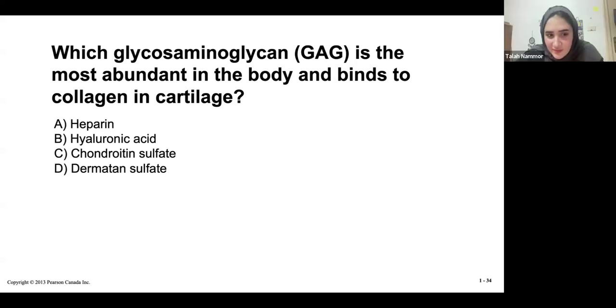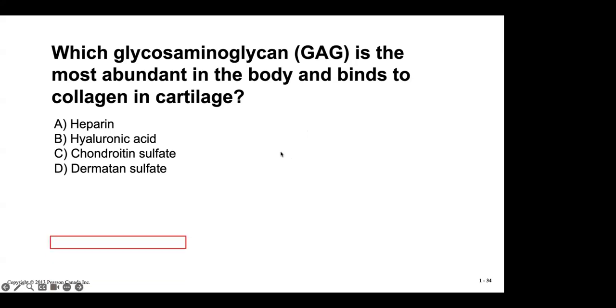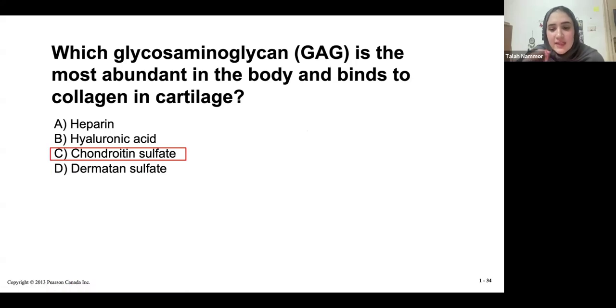So you guys agree, C? It's C, chondroitin sulfate. Do you remember how we said chondroitin sulfate is the most common, found in the cartilage of all of the joints, and people who have joint problems take it as a supplement.